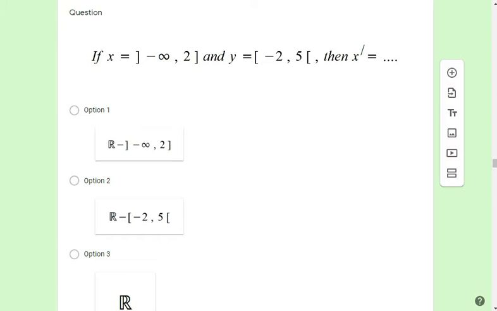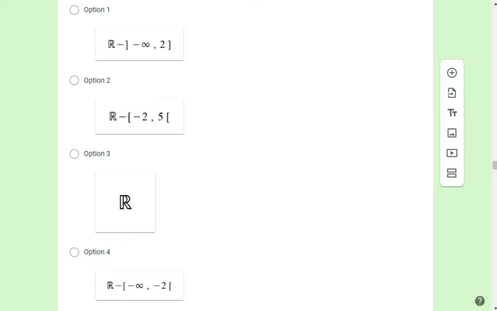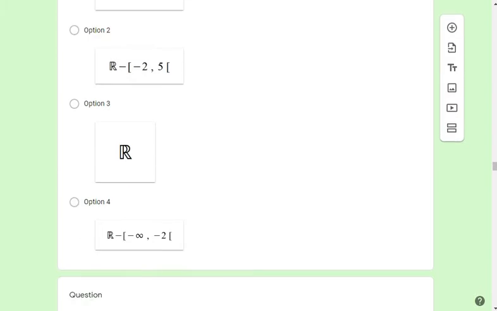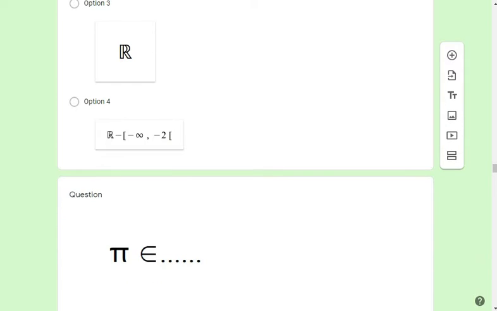Choose one of the following answers: R difference semi-open interval negative infinity and 2, R difference semi-closed interval negative 2 and 5, or R difference semi-closed interval negative infinity and negative 2.